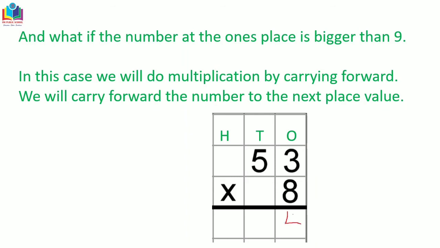So we will write 4 here and we have 2 for carry forward. Now let's multiply 8 with 5. 8 5s are 40. 40 plus 2 is equal to 42. So we have got 424. Isn't this easy? You only need to have good practice.